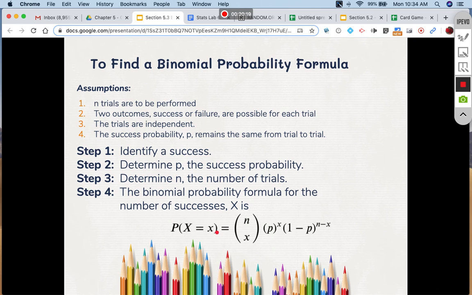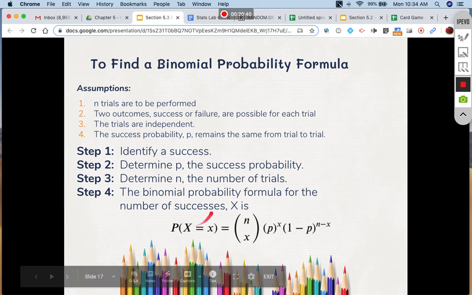So when we do this, here's a step-by-step guideline. We need n trials. It has to be a Bernoulli test, so there can only be two outcomes, success or failure. The trials have to be independent, and the success probability has to remain the same from trial to trial. That has to do with independence.